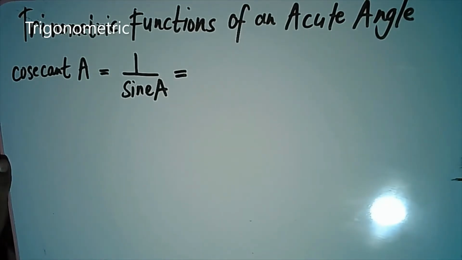Based on the right triangle, sine A is a over c, so the reciprocal of a over c is c over a.